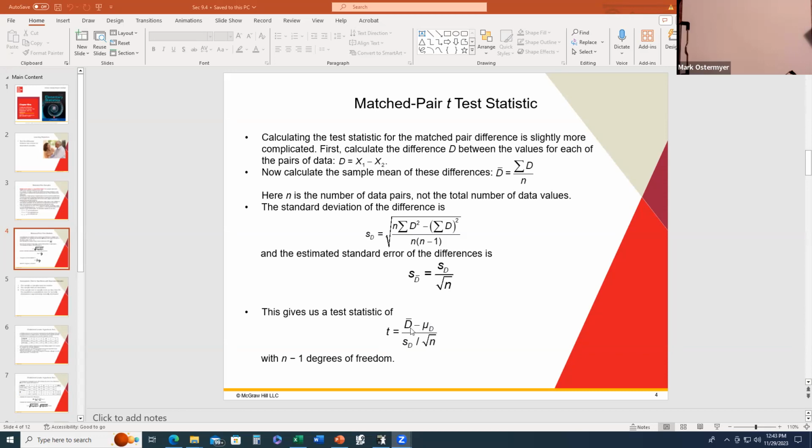It is the mean of our matched pair differences minus the mean of the differences under the null hypothesis, which is usually 0, but not always, divided by the standard error of the sampling distribution. To find our critical t-value, we're going to take it to the table or to our calculator with n-1 degrees of freedom, where n is the number of ordered pairs or matched pairs.